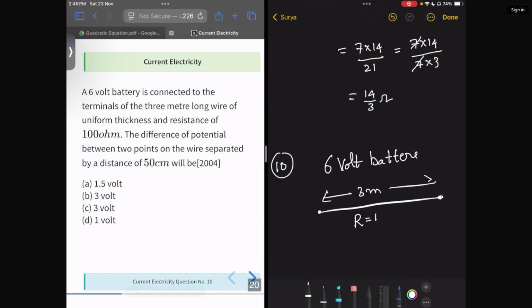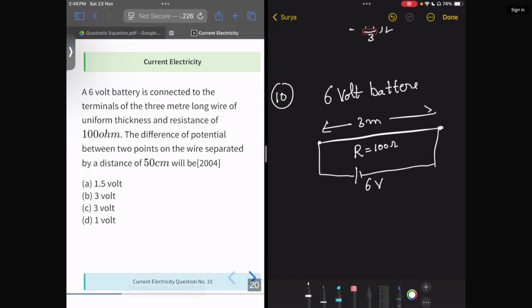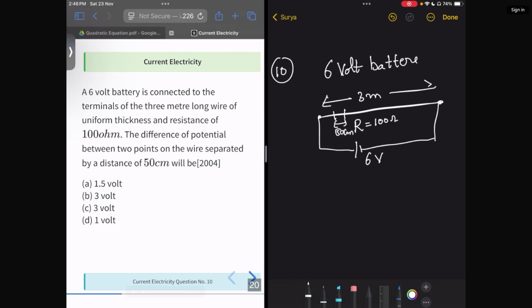The resistance is 100 ohms, 3 meter. It is connected to a 6-volt battery. So the difference of potential between 2 points on the wire separated by 50 centimeters. If you take any 50 centimeter of this wire, what is the potential difference across that?